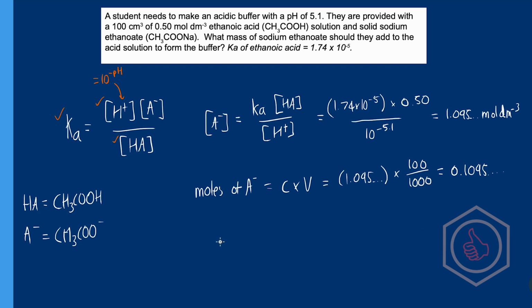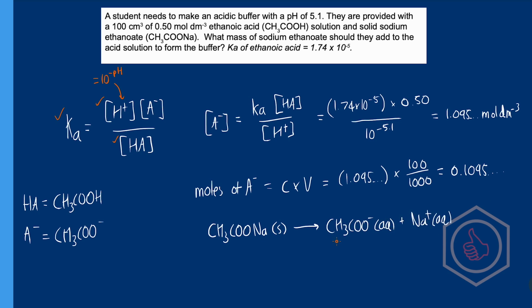Well, remember, we've already said that the moles of A- come from the sodium ethanoate. Sodium ethanoate, CH3COONa, when added to water or a solution, dissociates and splits apart into CH3COO- and Na+.